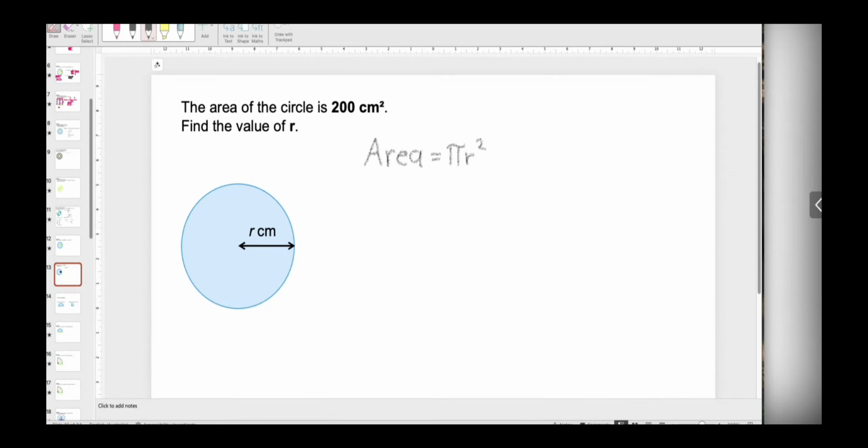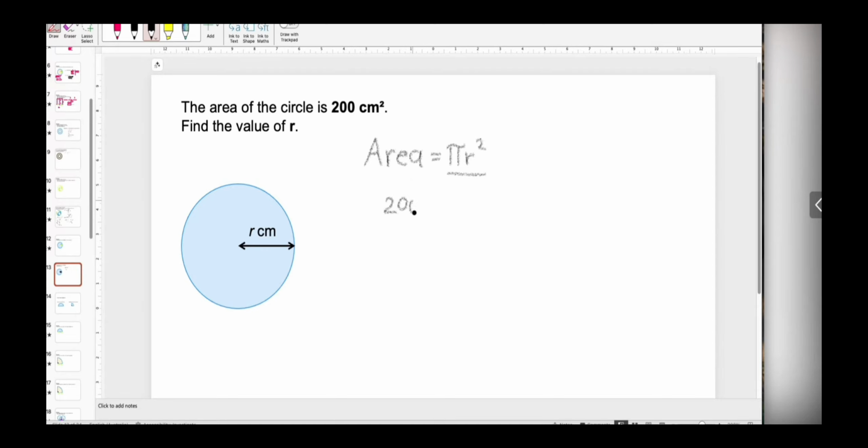All right, so here they tell us that the area of the circle is equal to 200 squared centimeters, and we have to find the value of r. So first we have to recall the formula for the area of a circle, and it is pi times the radius squared. Now we know that the area of the circle is equal to 200 squared centimeters. So now we can substitute the known value into this formula.